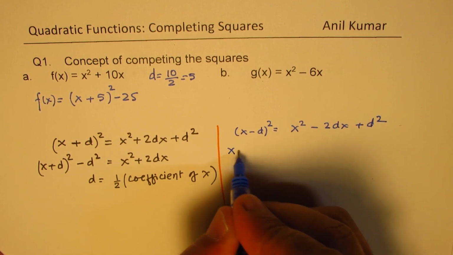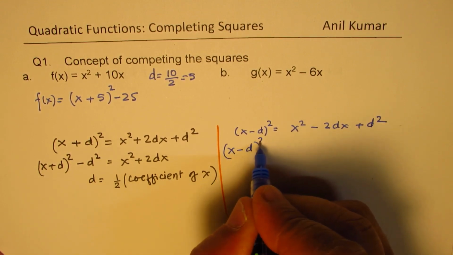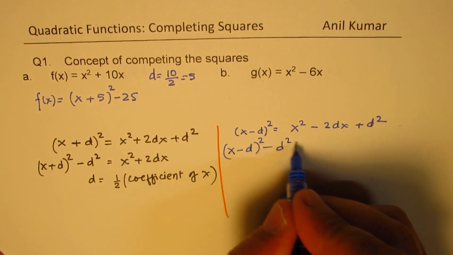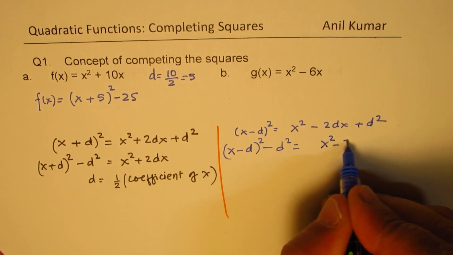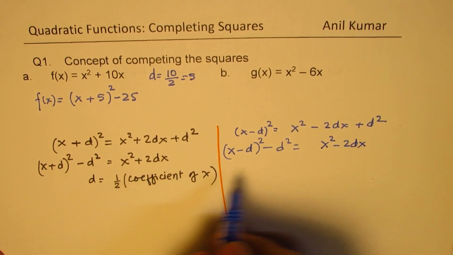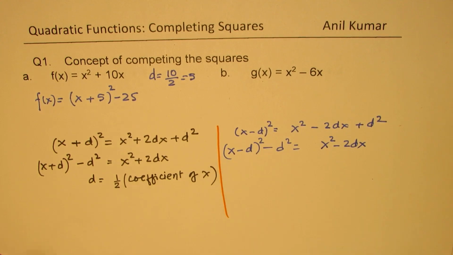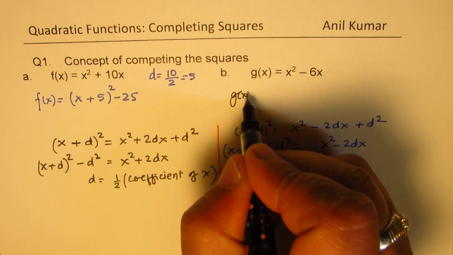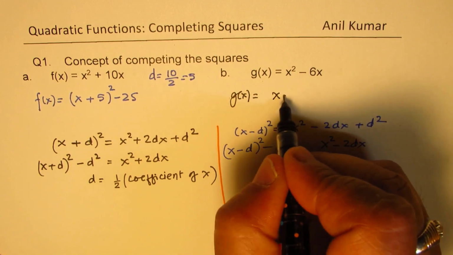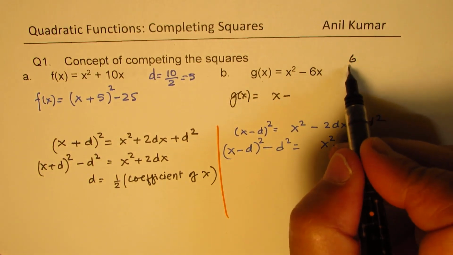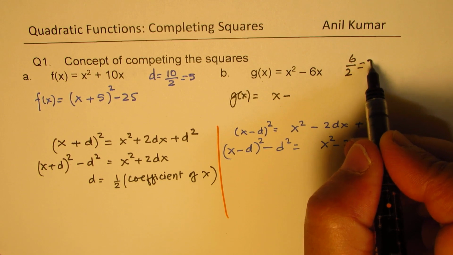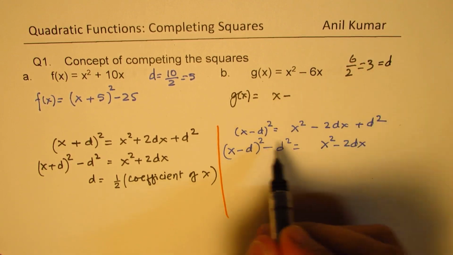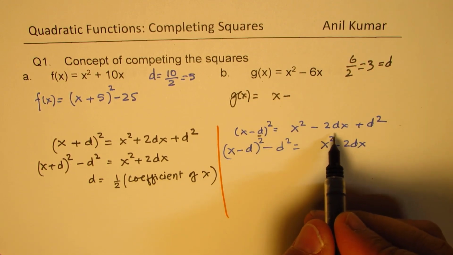So in this case, we get (x minus d) square minus d square equals x square minus 2dx. Similar situation, but that sign is negative. So in this second example, we could write g of x as equal to x minus half of 6, right? We have to divide 6 by 2. It gives us 3. That is the value of d which we are talking about, correct?